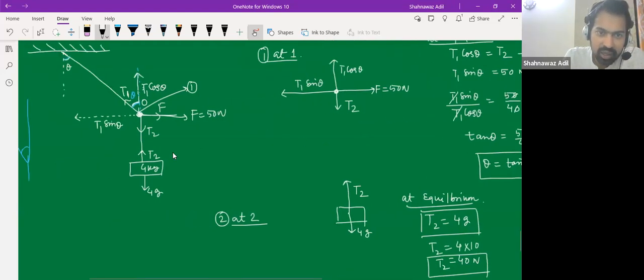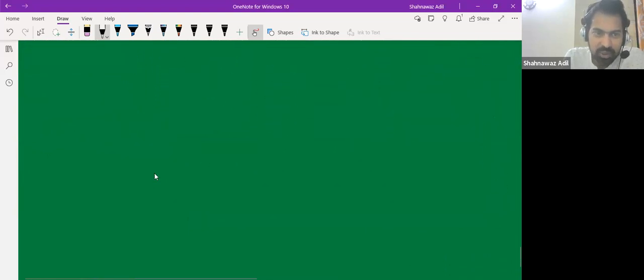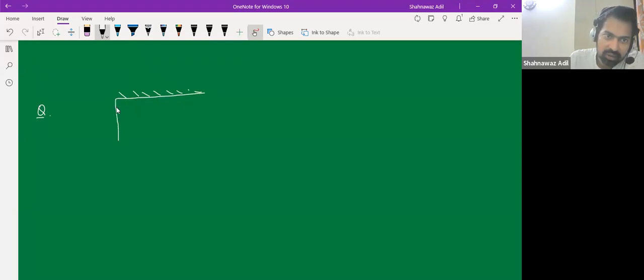So I will give you one question, and then you will tell me the answer. The question is that you have this wall and then this wall. There is one string and then the other string, and some mass hanging at an angle. Let's say this angle is 60.